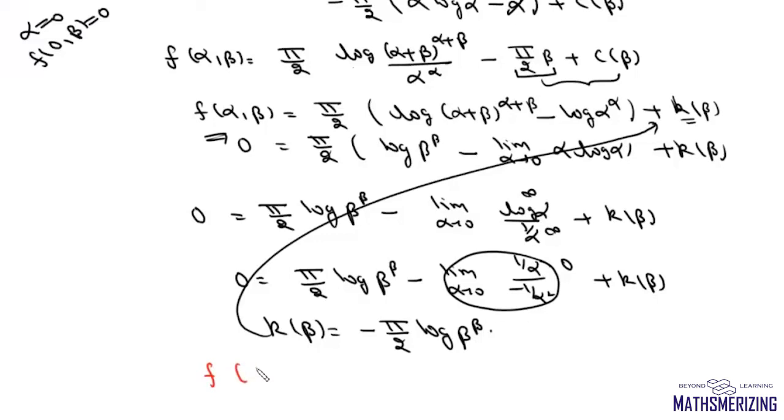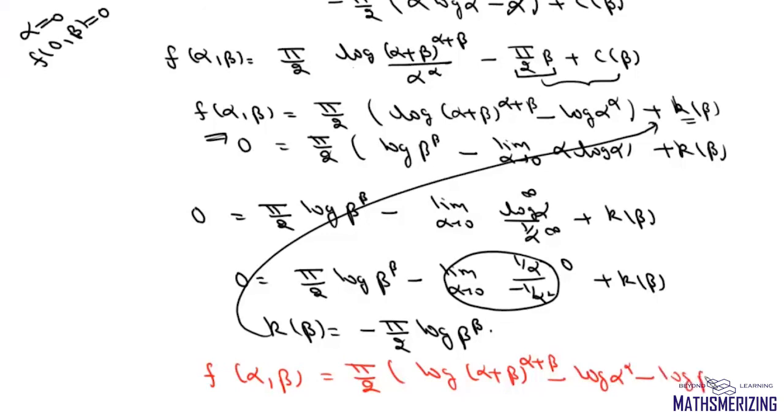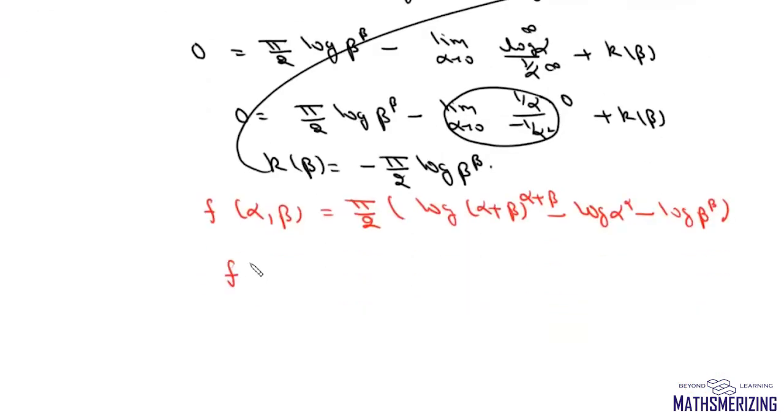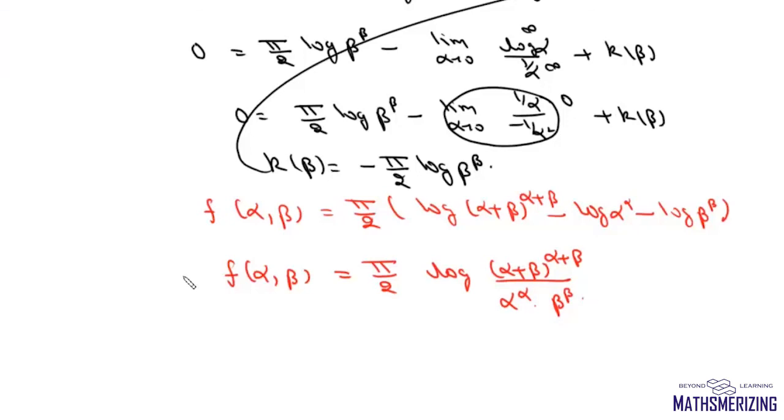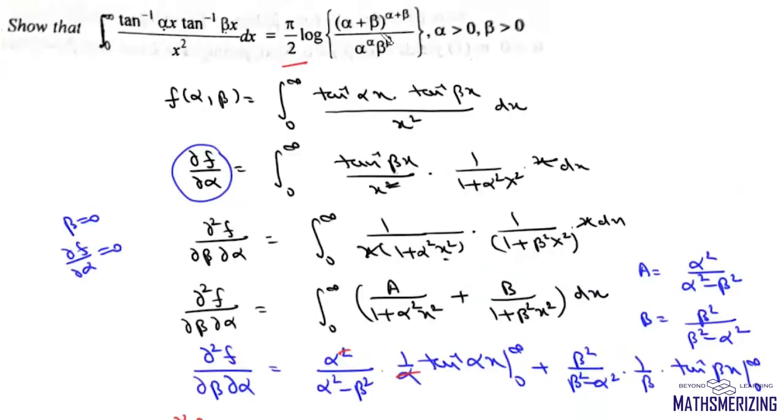So this f(α,β) now will be π/2 [log (α+β)^(α+β) - log α^α - log β^β], which we can also write as f(α,β) = π/2 log [(α+β)^(α+β) / (α^α β^β)], and this is what we need to prove. π/2 log (α+β)^(α+β) upon α^α β^β.